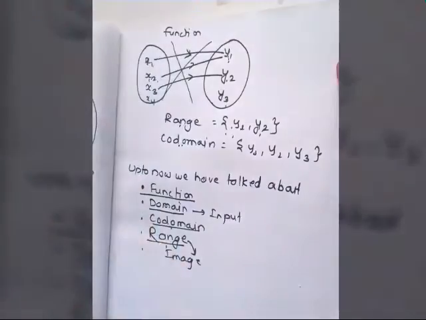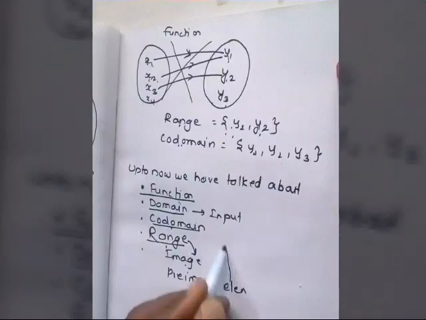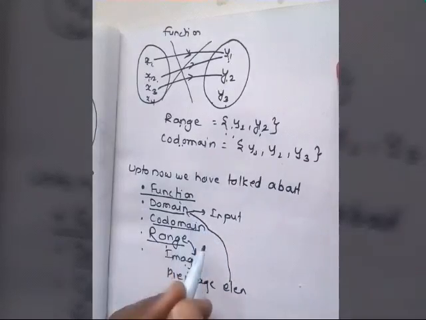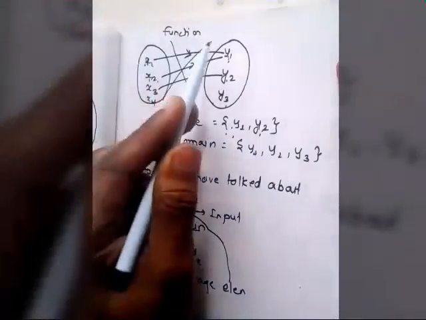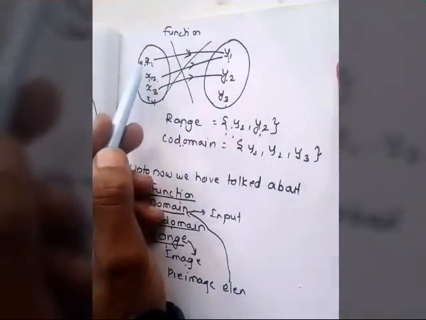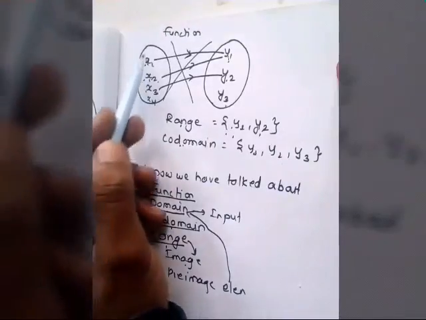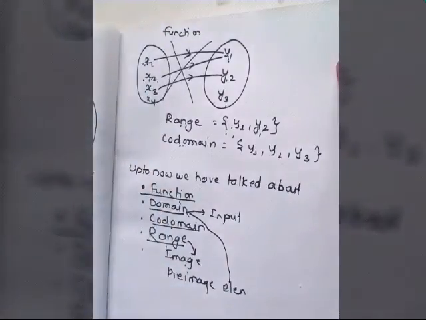Next we talked about the pre-image. Pre-images are the elements present in the domain. For example, x1 is the pre-image of y1. So x1, x2, x3, individually, are called pre-images.